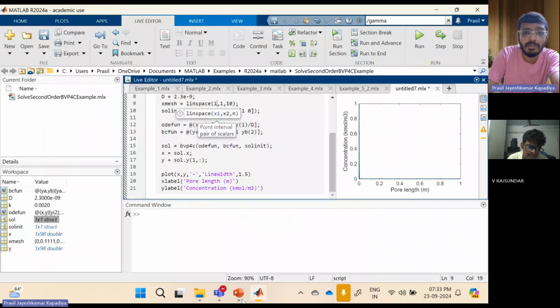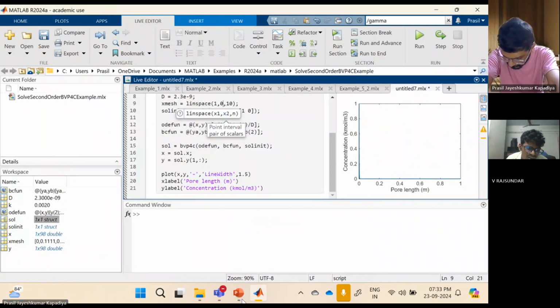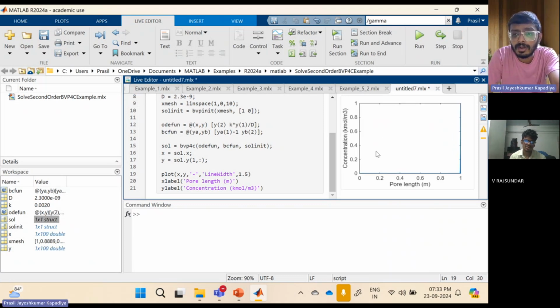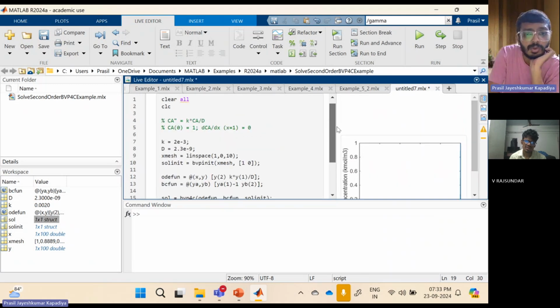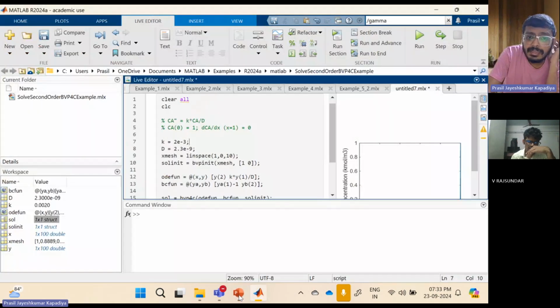So I need to go from 1 to 0. Should not matter actually. I don't know what is the issue. X comma y. Our equation K is correct, 2 into 10 to the power minus 3, right? And D is 2.3 into 10 to the power minus 9.